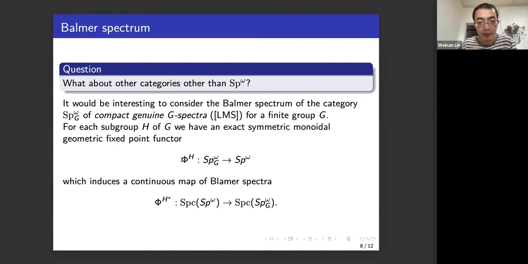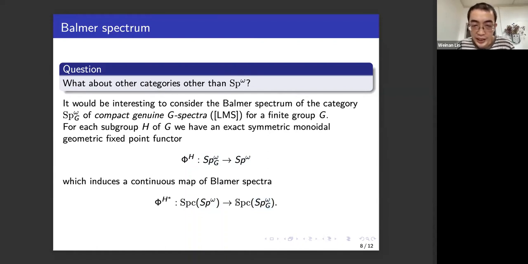Here we are considering the geometric fixed point functor. It is great because it induces a continuous map of Balmer spectra. Sorry, there's a typo here. It's kind of pulled back: it maps the spectrum of this to the spectrum of that.